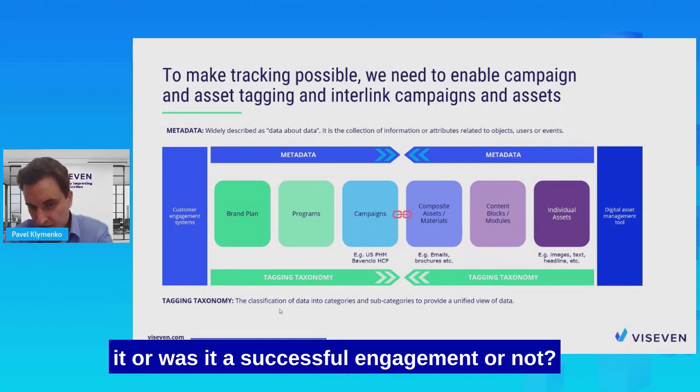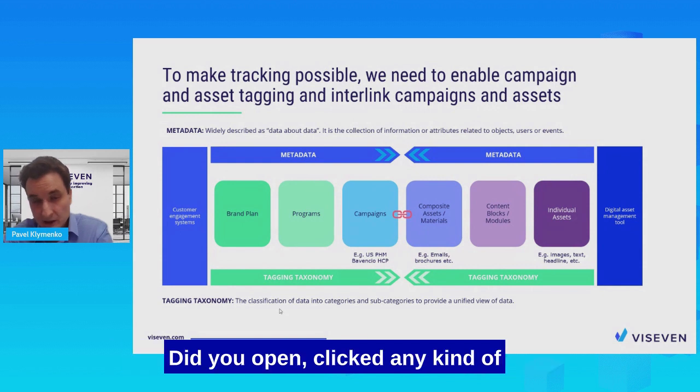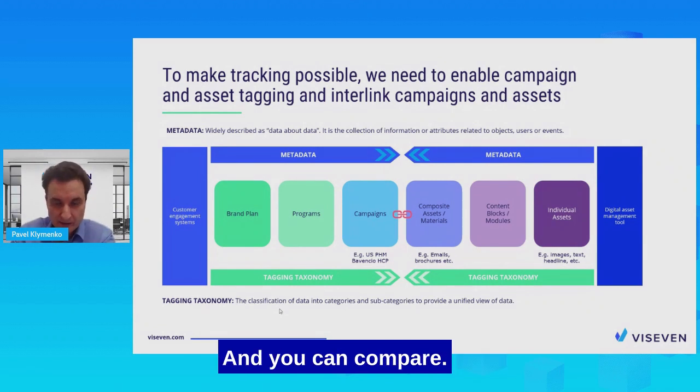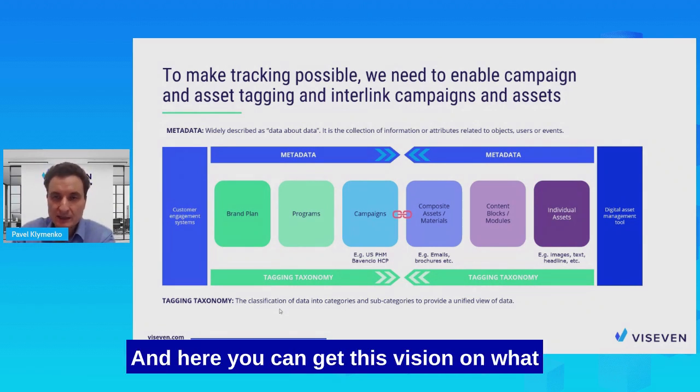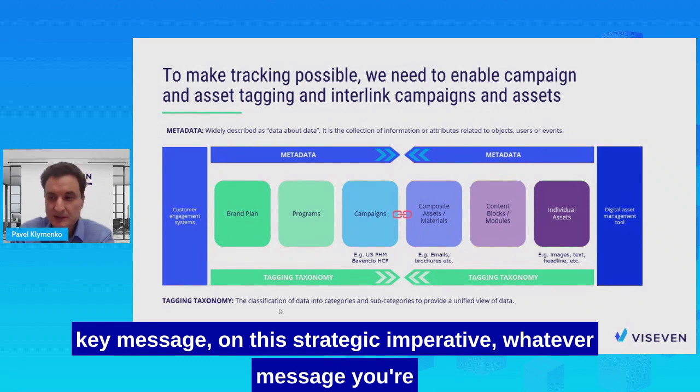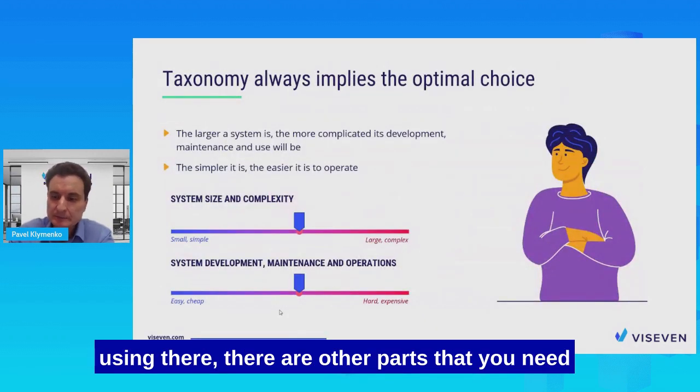Is it really a successful engagement or not? Did he open, click, any kind of interaction with this module or not? And you can compare. Here you can get this vision on what you're communicating and how good you are on this key message, on this strategic imperative, whatever message you're using there.